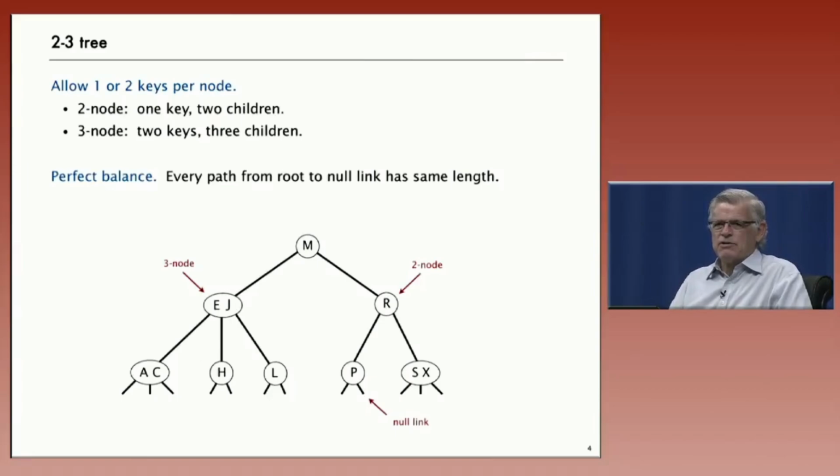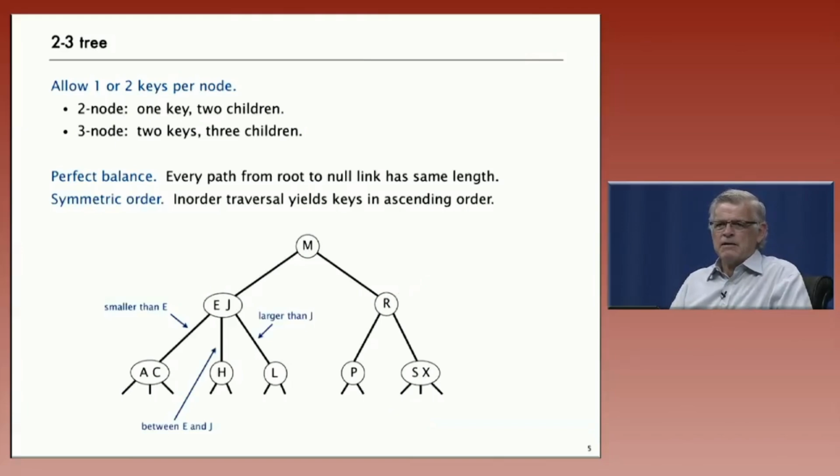Another property of these 2-3 trees is that we're going to have perfect balance. That is, every path from the root to a null link is going to have the same length in a 2-3 tree. As I mentioned, the symmetric order is part of the definition of a 2-3 tree. Every 3 node has 3 links and 2 keys.